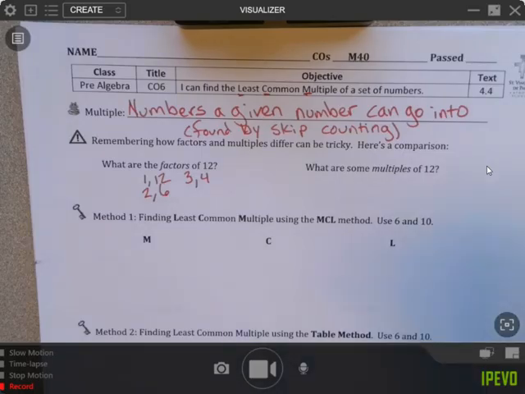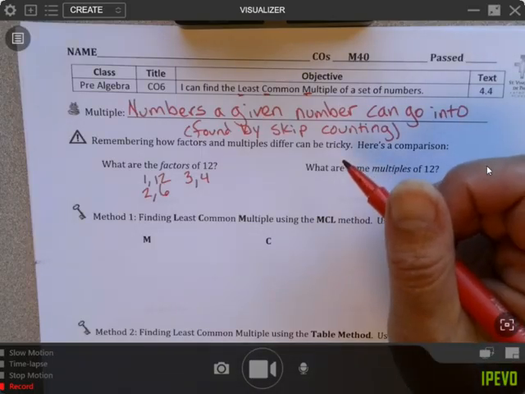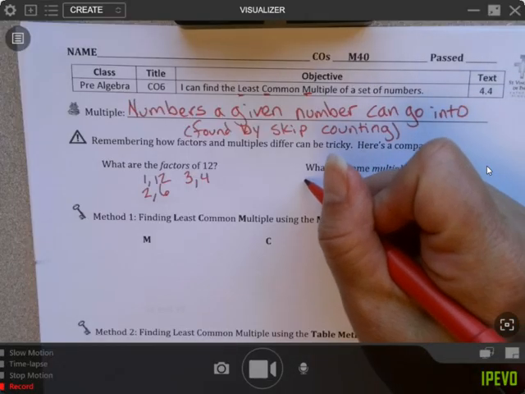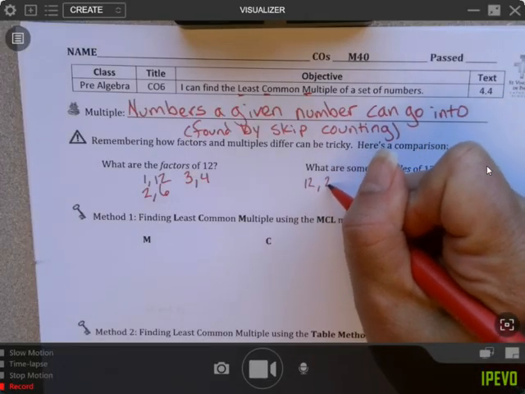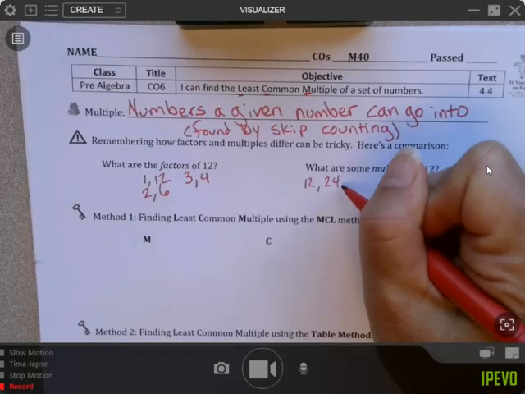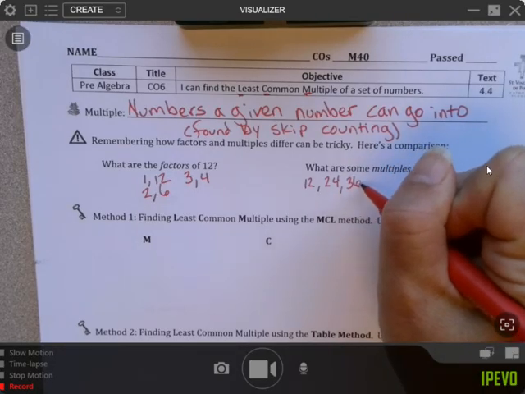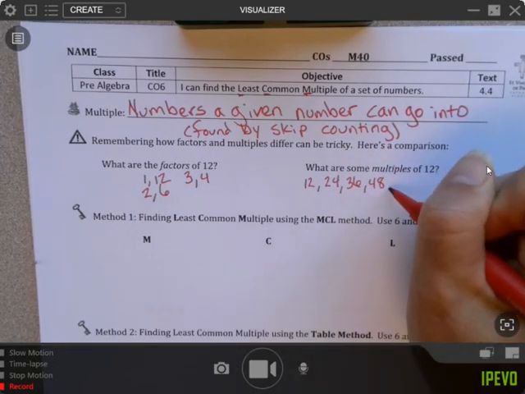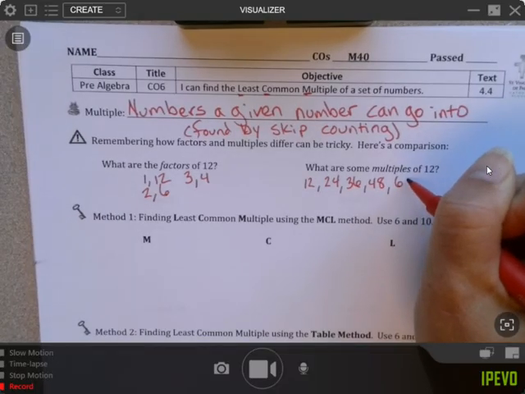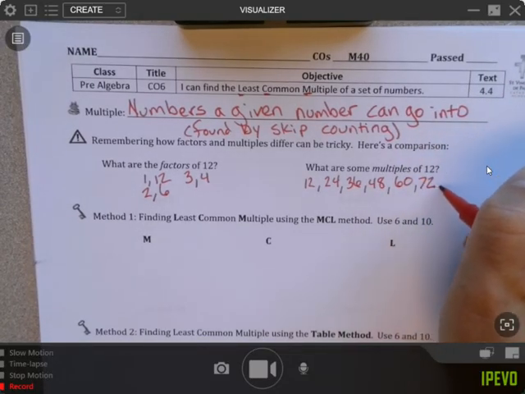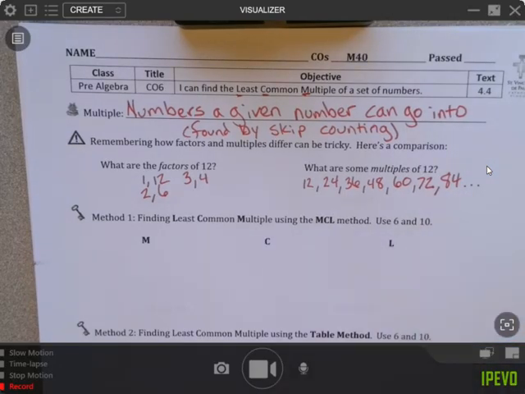Least common multiples, remember we are multiplying up. So multiples of 12. 1 times 12, 12 times 2, 12 times 3, 12 times 4, 12 times 5, 12 times 6, 12 times 7, and so on. So multiples, you're multiplying up.